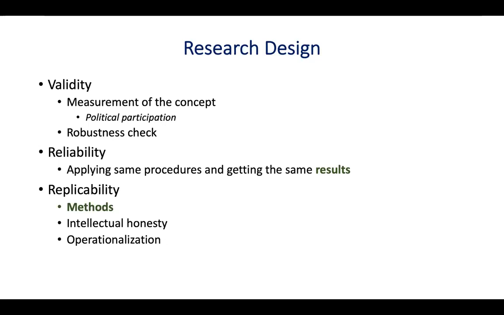So it has something to do with how to capture the multiple dimensions of the concept. For democracy, if you need to examine, for example, the electoral procedures, you need to make sure that the measures you select actually capture the procedural and electoral dimension of democracy.